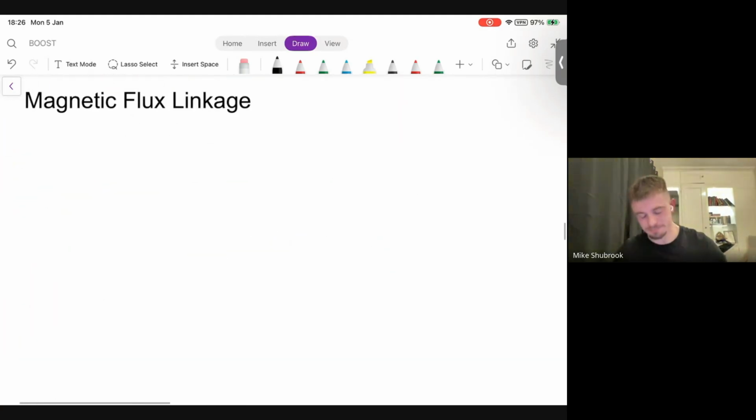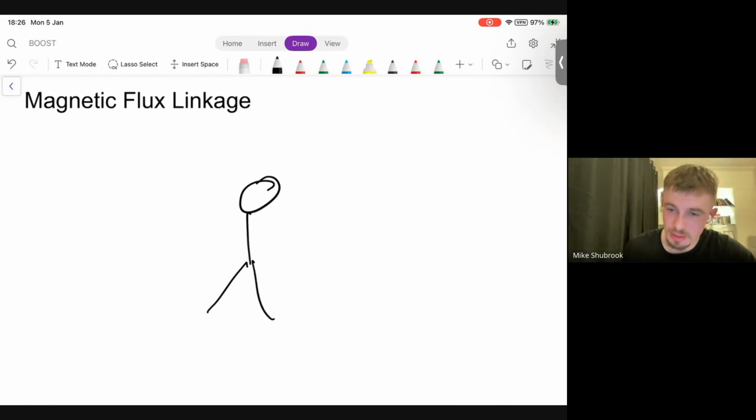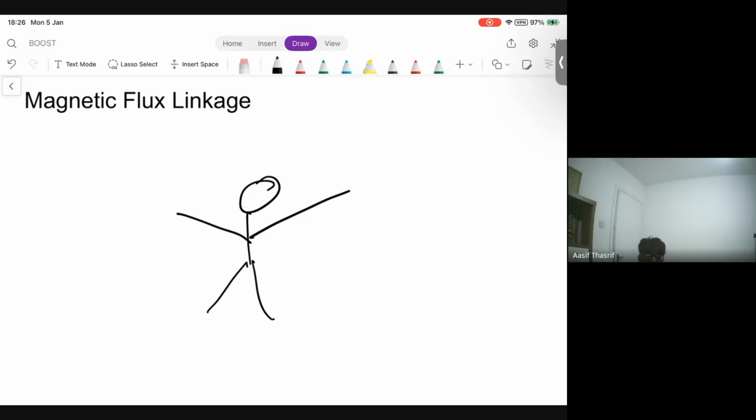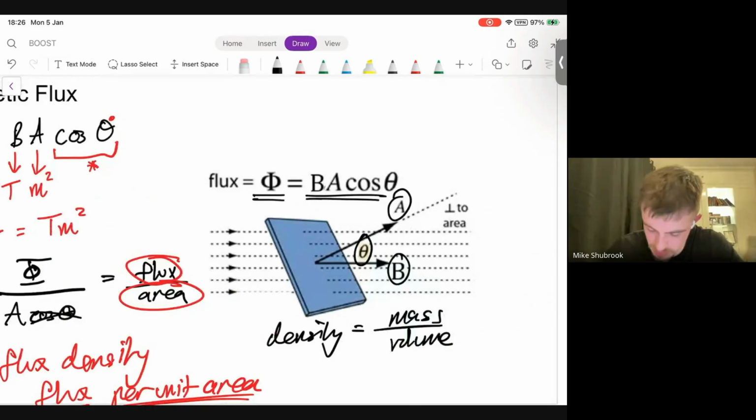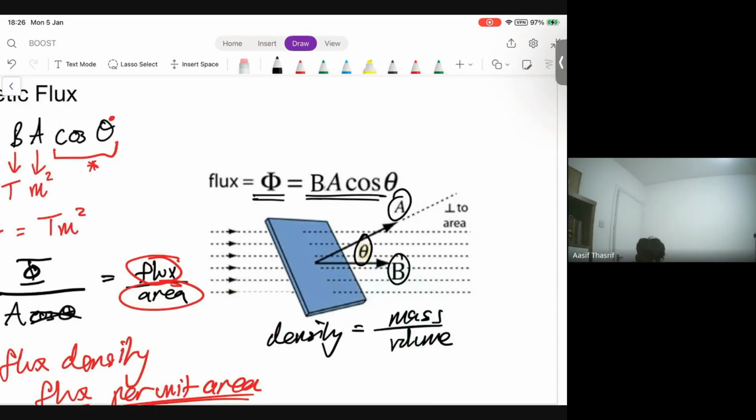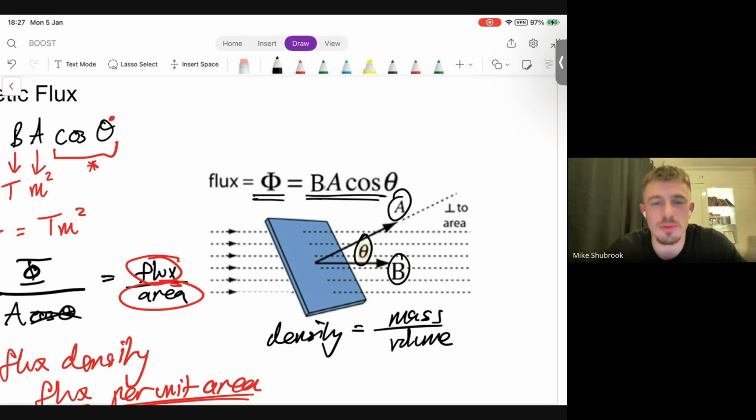Okay, one final thing. Asif, you know that equation BA cos theta? Will they ever give a question where theta is defined differently, but you have to use trig to work out the right angle? Yeah, that's a great question. It's possible, but I don't think it's very likely.